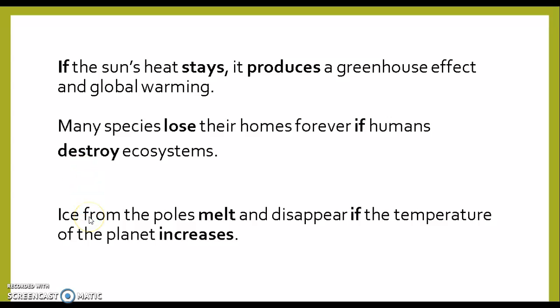Let's see another example. Ice from the poles melt and disappear if the temperature of a planet increases. Look at the verb melt is in simple present and increases is in simple present too.